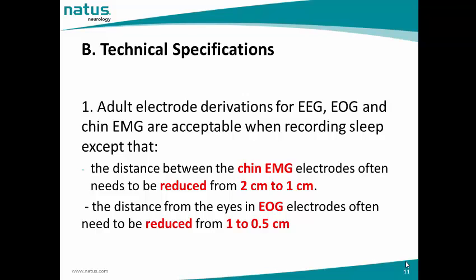For connecting EEG, EOG, and chin EMG electrodes, applying adult electrode derivations is acceptable when recording sleep, except for chin EMG electrodes, where the distance often needs to be reduced from 2 cm to 1 cm.